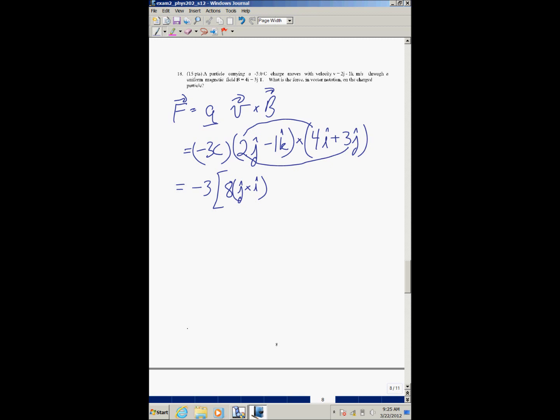J cross J is 0, so I'll leave that out. -1 times 4 is -4, K cross I. And then last, -1 times 3, K cross J.